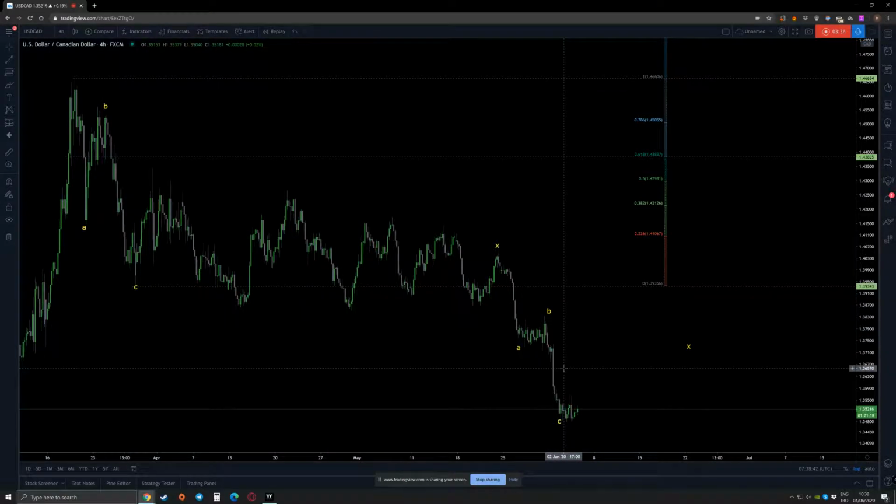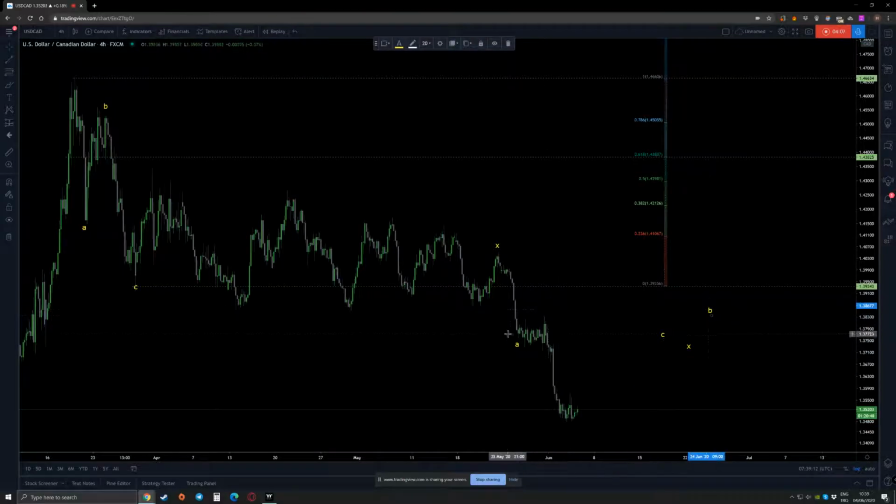You can only have two X waves. If you're in a complex correction, the moment that we have an X wave, it means that we are in a complex correction. Because we can only have two X waves, maybe whatever will happen here from ABC, which I agree is an ABC, but I'm not so sure about the degree of it, if you know what I mean.